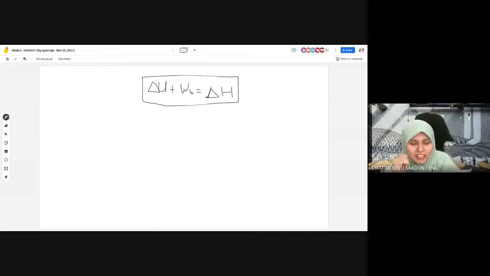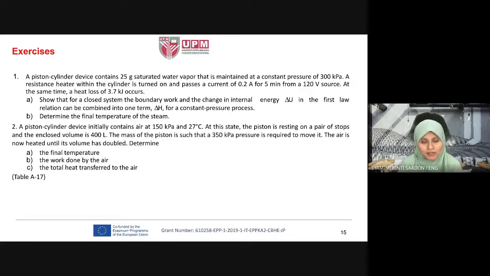Remember energy balance: we have heat, power or work, and then we have enthalpy, H, and then potential energy, kinetic energy. Okay, go back to the question. A piston cylinder device contains 25 grams saturated water vapor that is maintained at constant pressure.